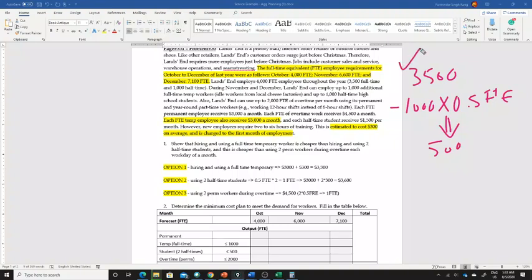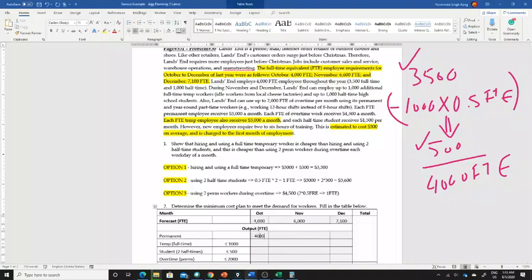So in total I have 4,000 full-time equivalent. Don't use 4,500, because these 1,000 employees are only employed as part-time workers, or employed as 0.5 FTE, right? So let's put this information in. We have 4,000 here as permanent workforce, which is going to stay with us throughout the year.